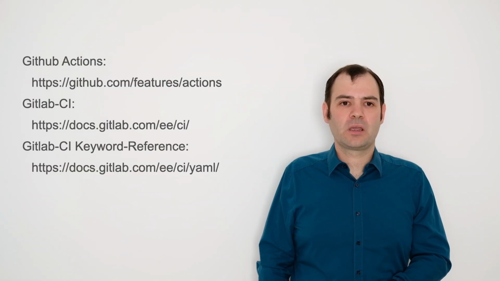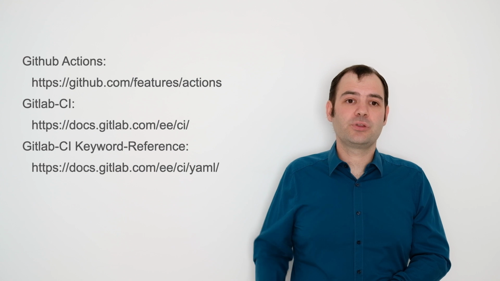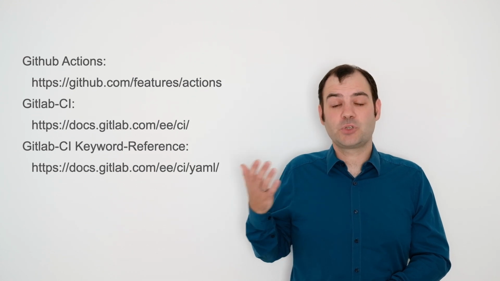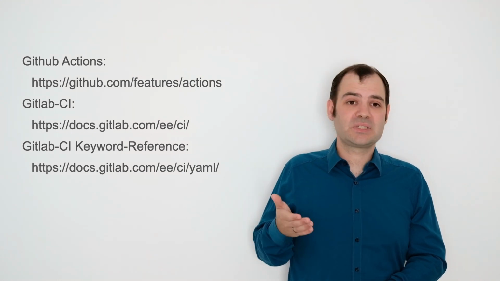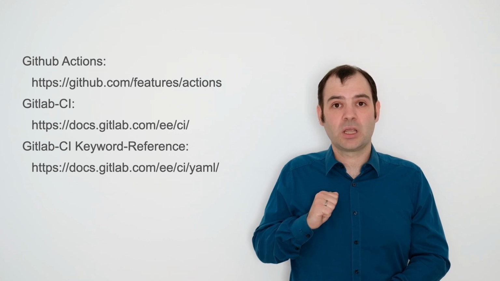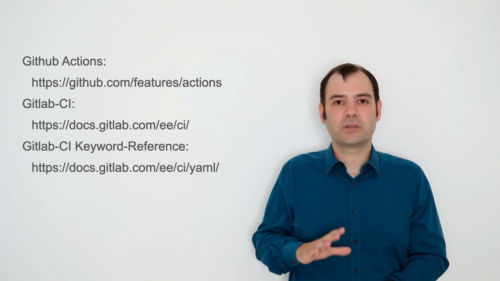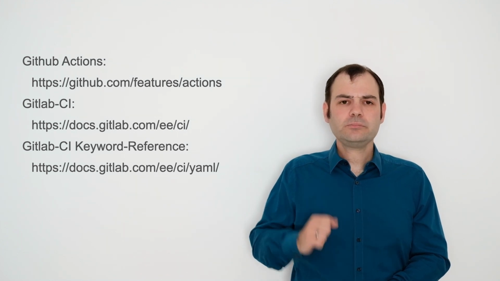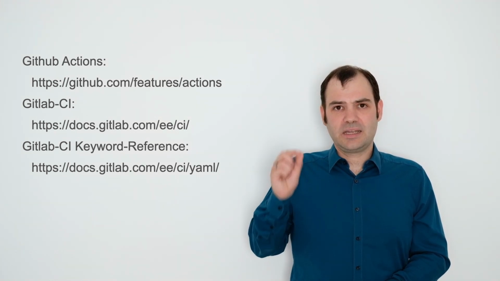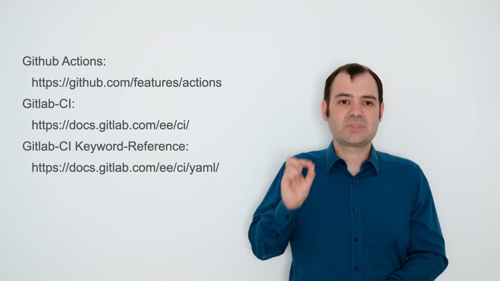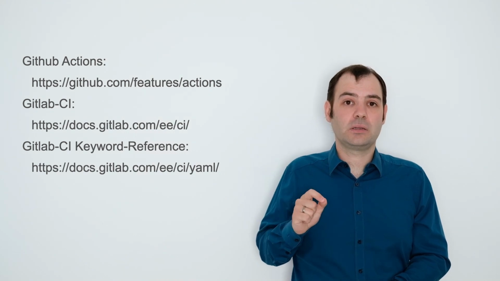And with this, I want to come to some further reading to where to look for more specifics. So I warmly recommend you the GitHub Actions documentation online and the GitLab CI documentation online. And furthermore, I already pointed to it once or twice throughout this video, there is a keyword reference, so the GitLab CI YAML documentation file.